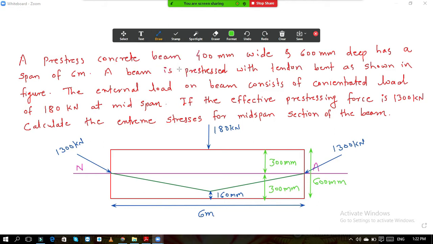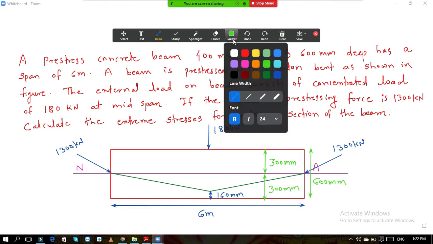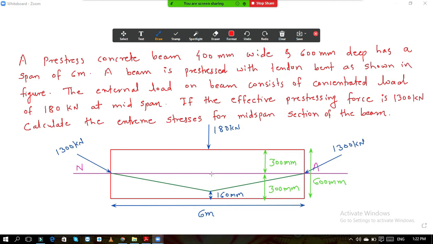Now if we see, this is our eccentricity E at the center. This angle is theta, which must be equal to this angle if I draw the horizontal line over here.